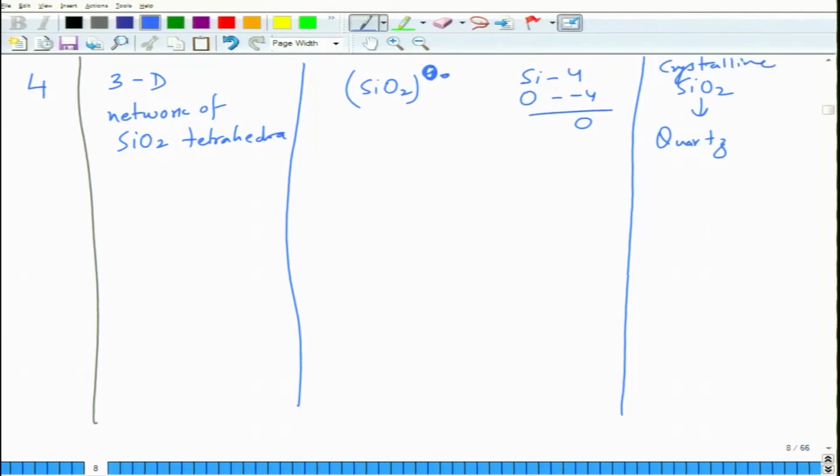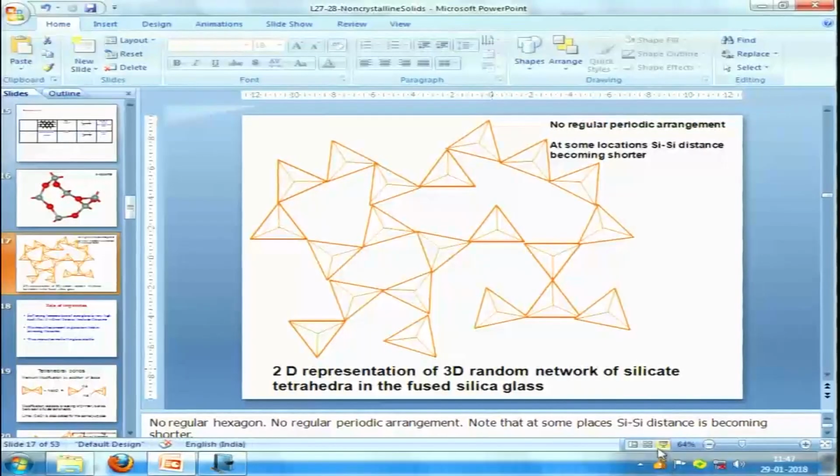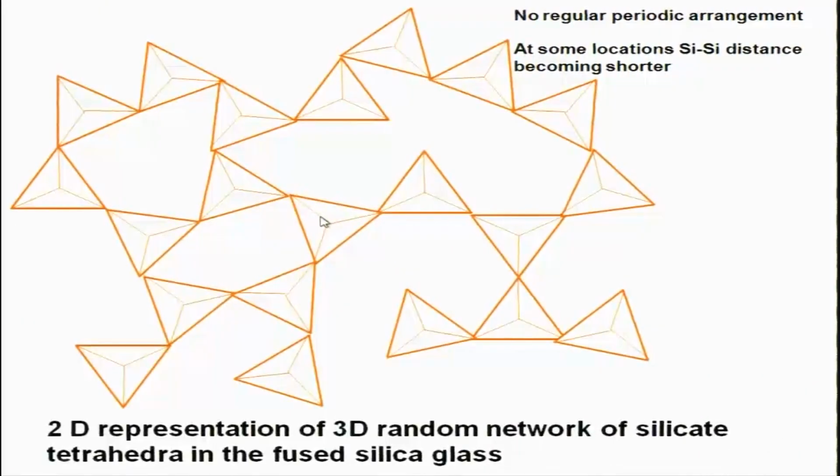So these are various forms of silicate solids that may occur depending upon how the oxygen is shared between the tetrahedra. There is a whole variety of these materials. This is, for example, a representation of a 3D random network of silicate tetrahedra, fused silica.